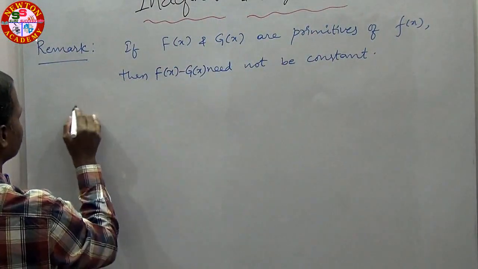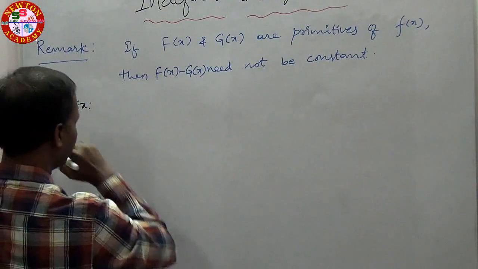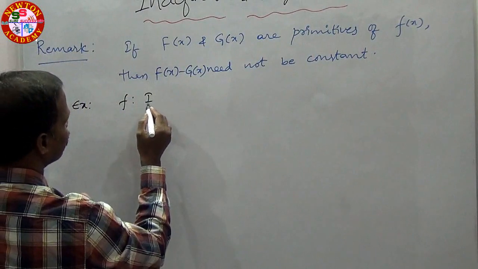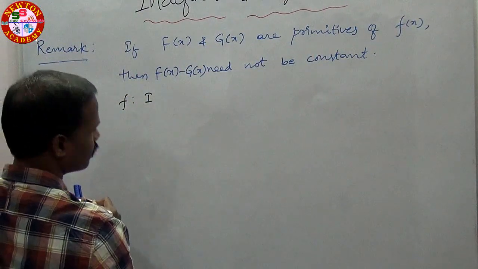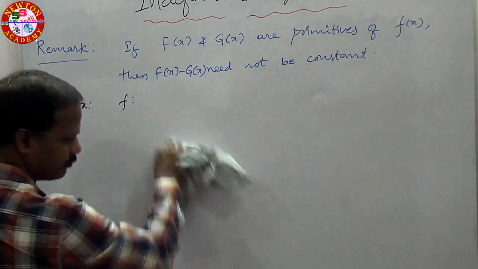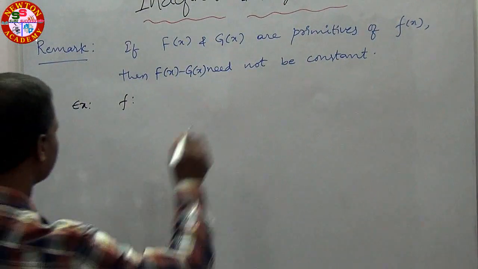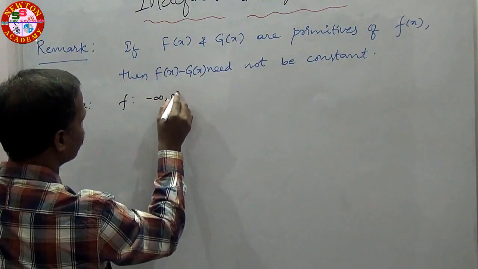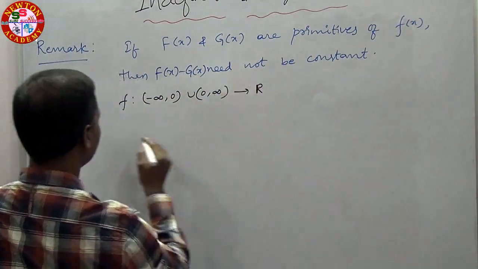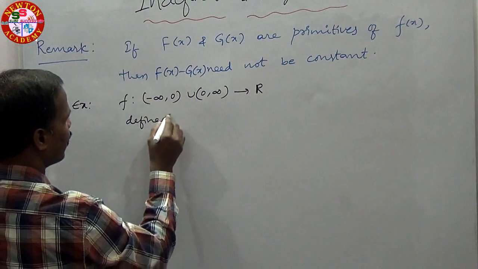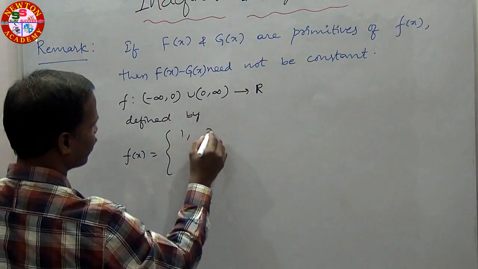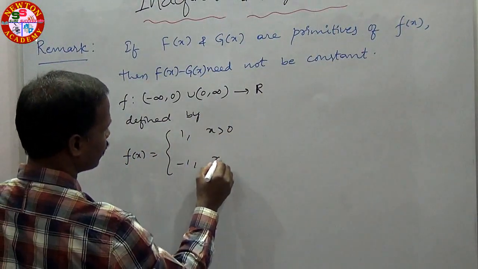So, a counterexample for this. Let small f be a mapping from minus infinity to 0 union 0 to infinity to R, defined by f of x equal to 1 for x greater than 0, minus 1 for x less than 0.